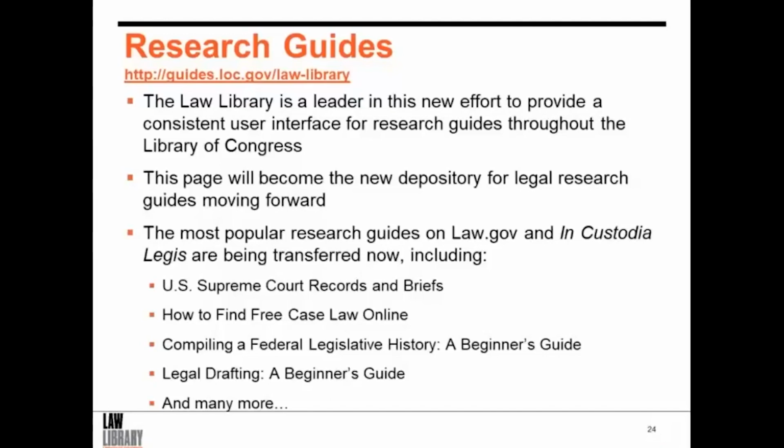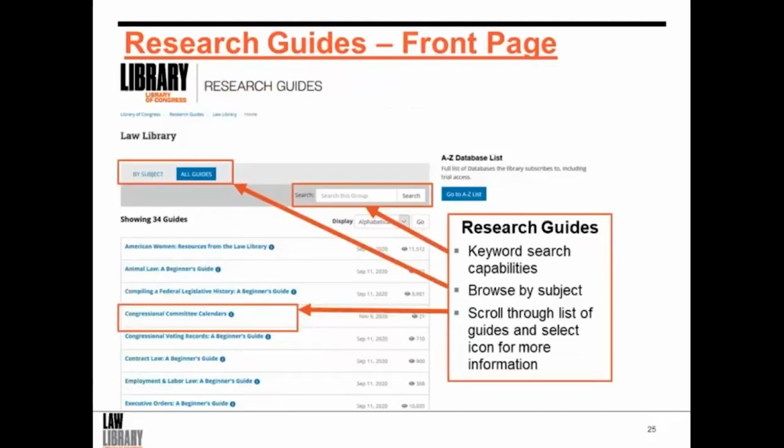If you go to the research guide page for the library, you can either look by subject or you can look by research center. So if you want to see the guides that the law library has produced, just choose the option for research center. And here we've got a snapshot of that page. So you see by subject, all guides, and at the very top, can I see this? Yeah. So we've already gone down in this snapshot, and we're looking at the research guides for the law library itself.